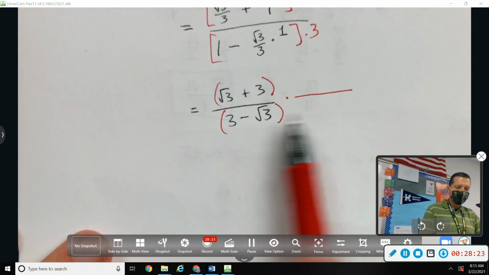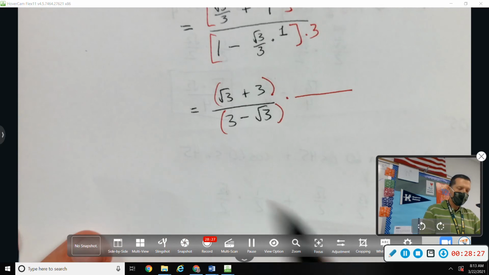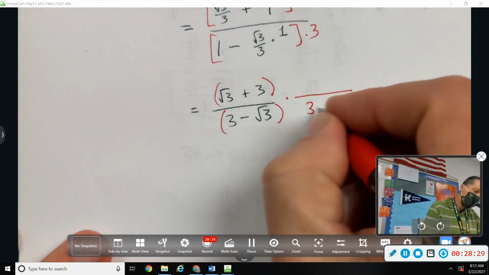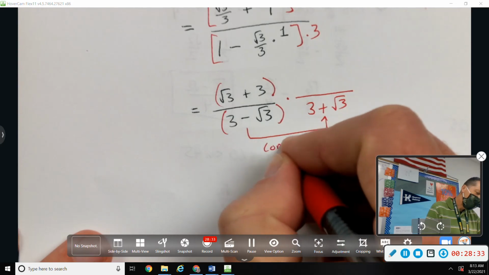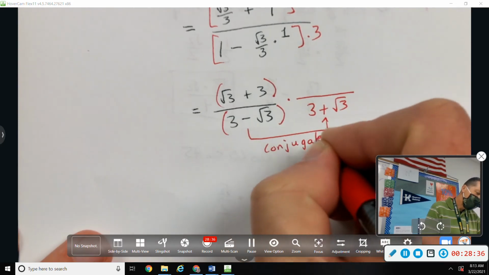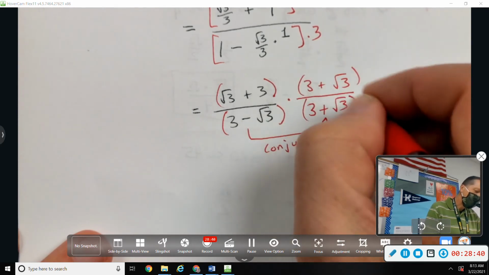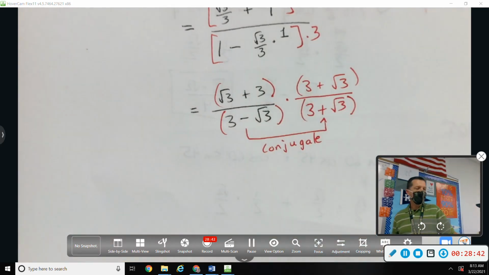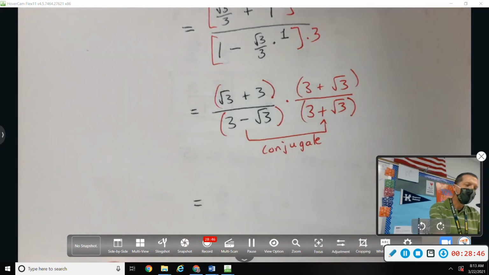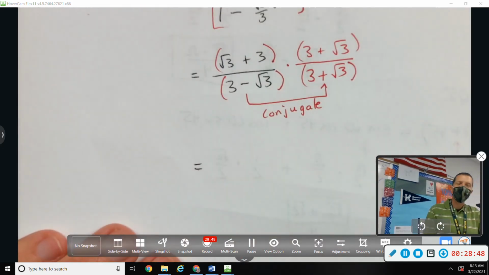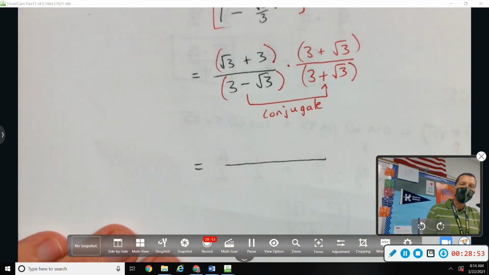No, because then I'd have to FOIL, and I'd get 2 square roots of 3 in there. It's the conjugate, 3 plus square root of 3. So you were on the right track. You multiply by the conjugate of the bottom. And now you have 2 FOIL problems to do. So man, we're using all kinds of old school Algebra 1 work here.